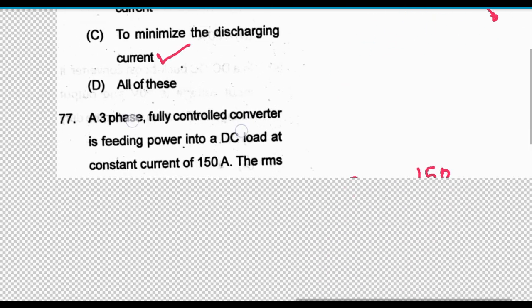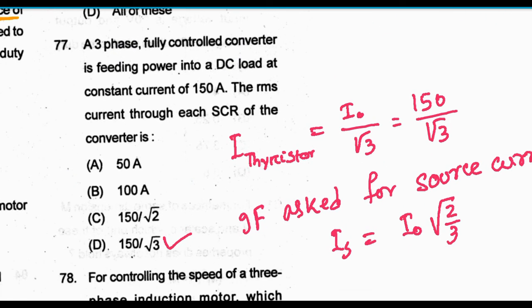Next question is, a three-phase fully controlled converter is feeding power into a DC load at constant current of 150 ampere. The RMS current through each SCR of the converter is? So current through a thyristor is equal to I naught by root 3 in case of a three-phase fully controlled converter, which is equal to 150 by root 3.